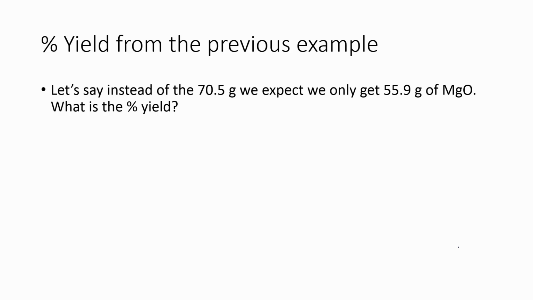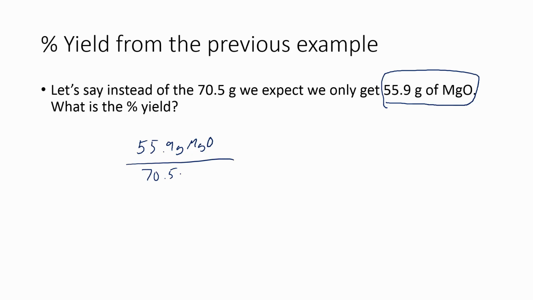Instead of the 70.5 grams we expected, say we only get 55.9 grams. What's the percent yield? Actual over theoretical times 100.